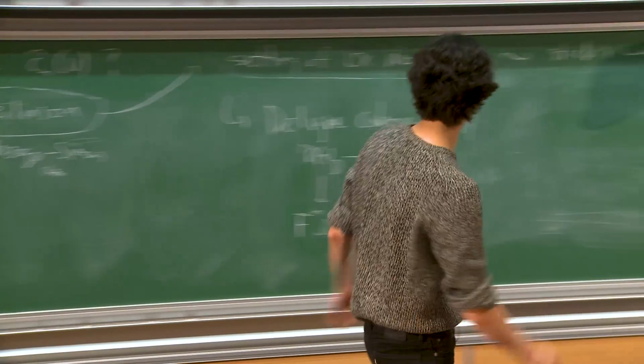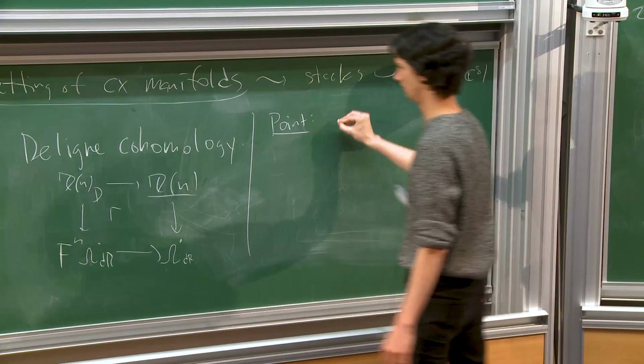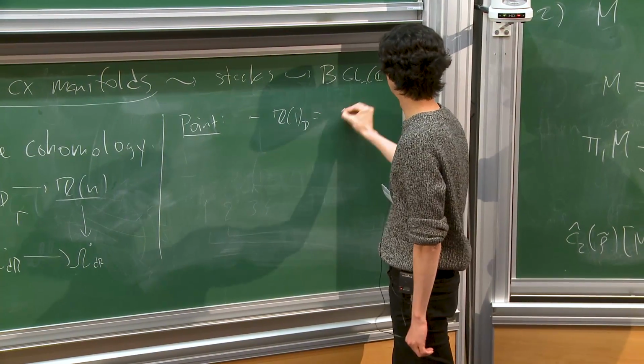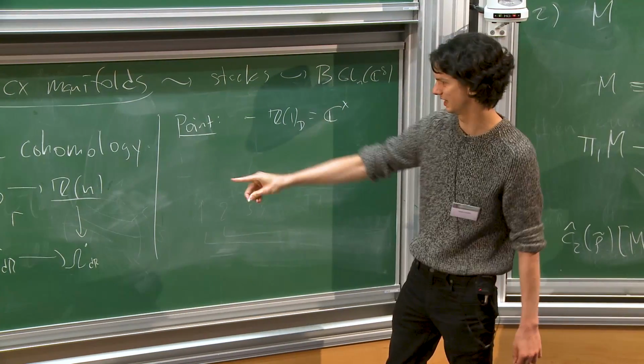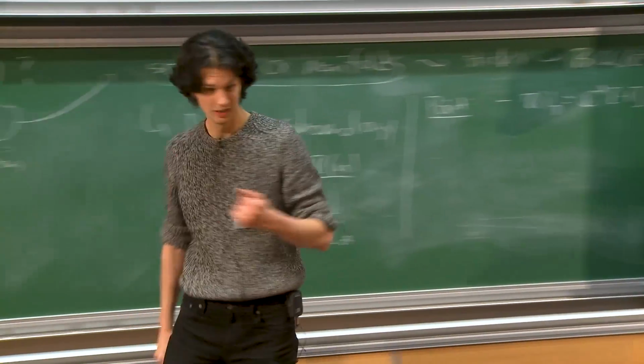And what's the point? Well, the first point is that if you look at the weight 1 Deligne complex, then via the exponential map, you can trace things through. It's just a shift of C cross.